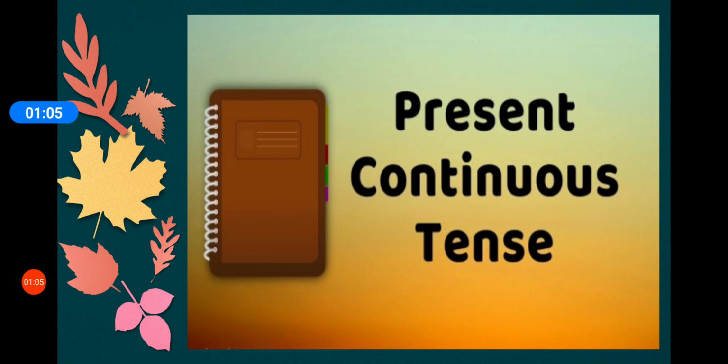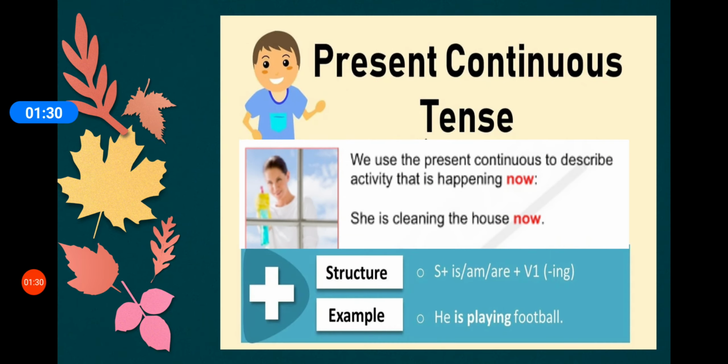But children, before we begin with the assignment, are you sure you remember what is present continuous tense? And where do we use it? What is the structure of the sentences? Do you remember all these things? Don't worry, to give you a quick recap of this tense, let's have a look.